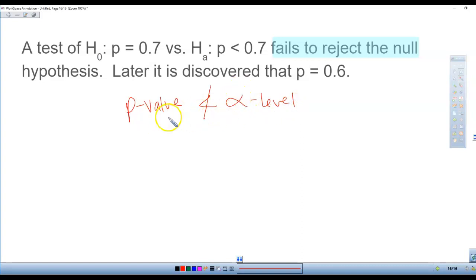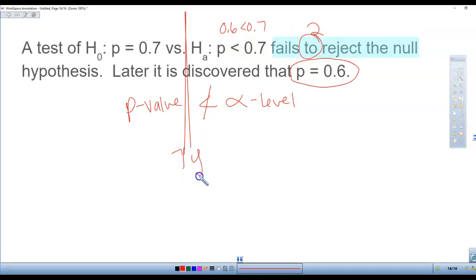So you did not provide enough evidence to reject the null hypothesis, so you failed to reject it, and because you failed to reject it, you end up rejecting the alternative. But then you realize later that p is 0.6. 0.6 is less than 0.7, so we made a mistake. What type of mistake was it? We failed to reject, so this tells you this is a type 2 error.